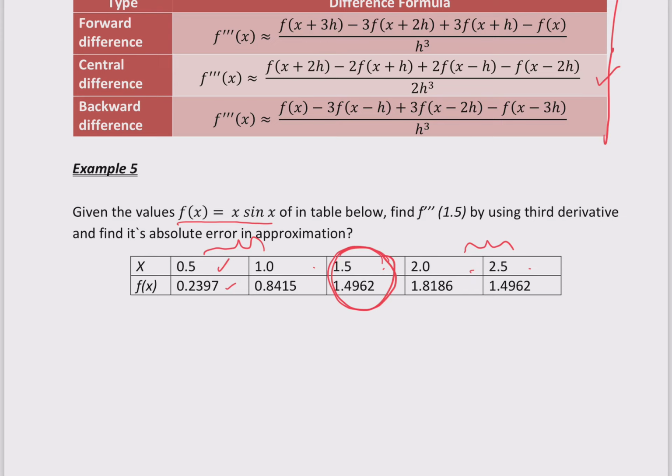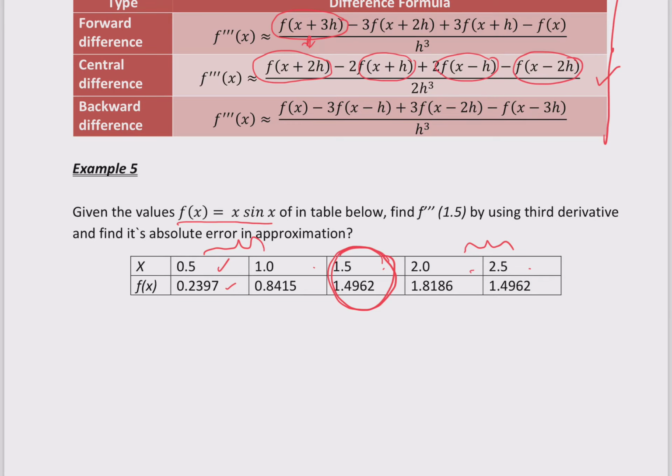If you see all the formulas here, we need to have f(x3 plus h), meaning that we don't have this value, so we cannot use it. But for the central difference, we have this and this, all the values are given for us.